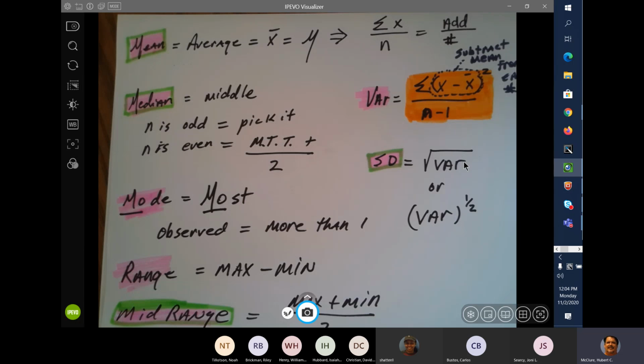Look at that formula and tell me what do you do after you subtract the mean from each one. Each number, what do you do? Work your way inside out.